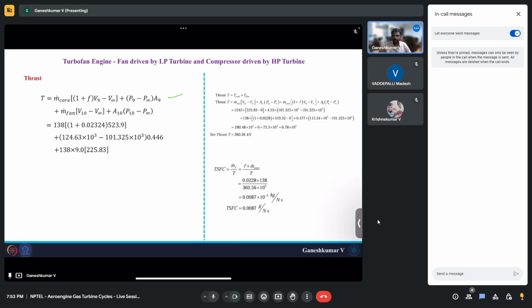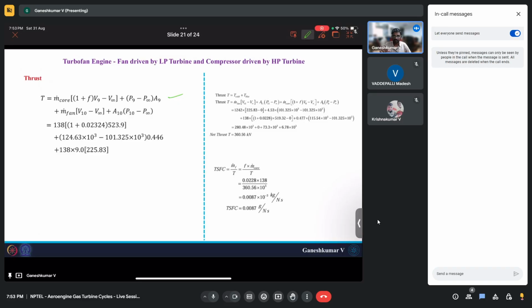If you substitute these numbers, you end up with 364.85 kilonewton, which is a bit higher than what we saw in configuration one, which was 360.56 kilonewton, and that basically makes sense.